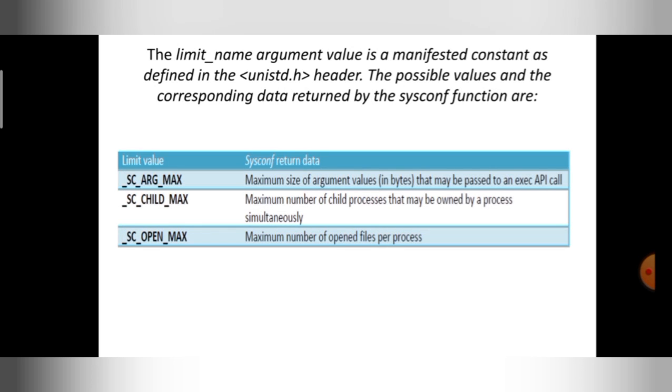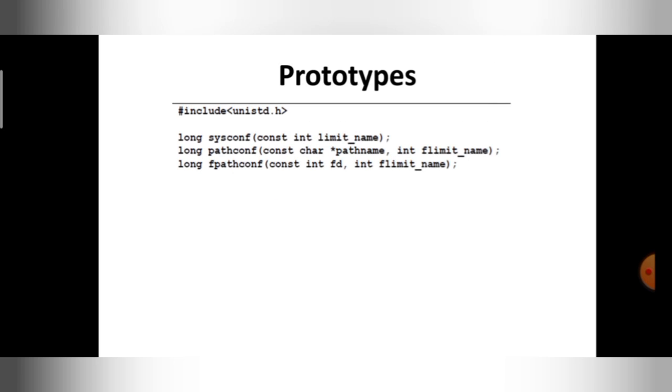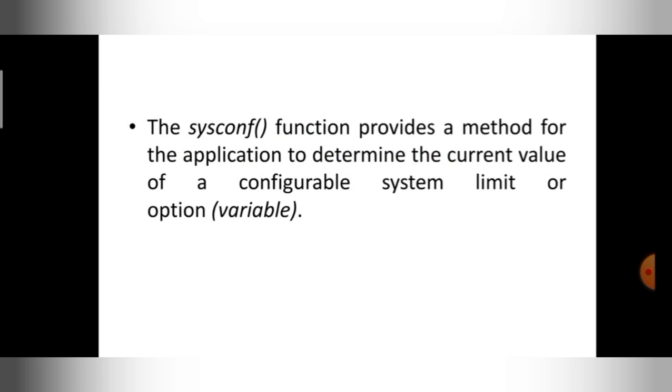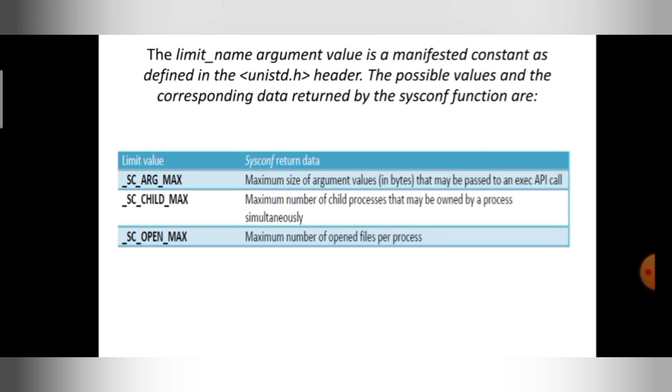See, the sysconf function takes a limit name. The limit name argument value is a constant defined in the unistd.h header, and the possible values and the corresponding data returned by the sysconf function are, for example, as follows.